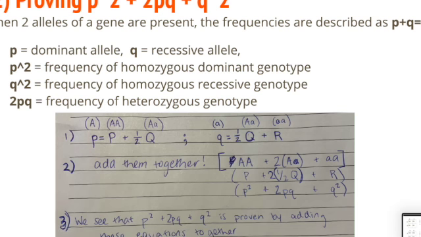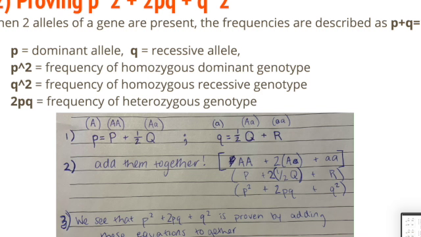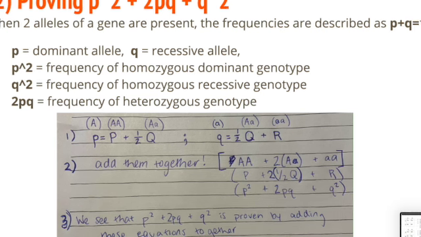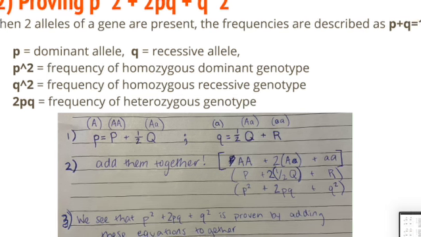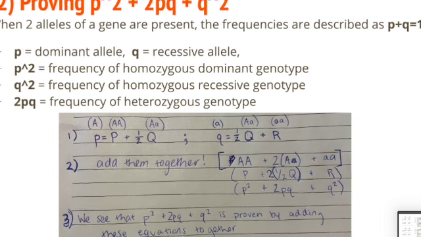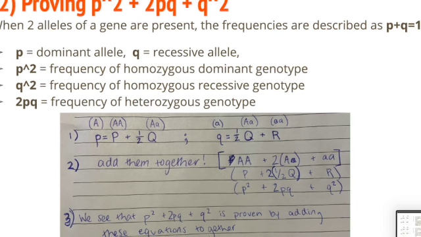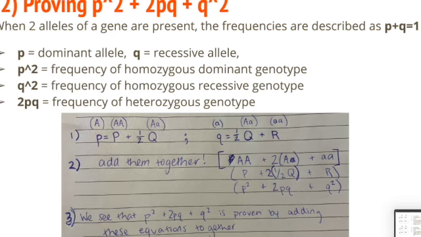In order to prove that p squared plus 2pq plus q squared equals 1, we used the previous equations and added them together because we were given that p plus q equals 1.